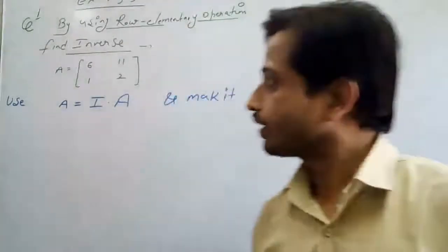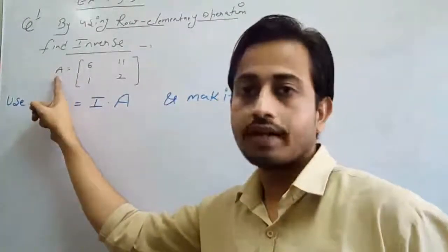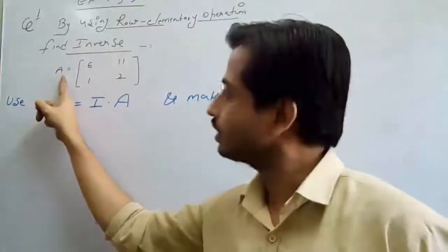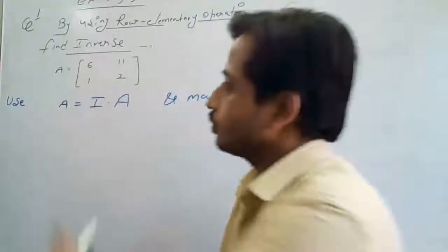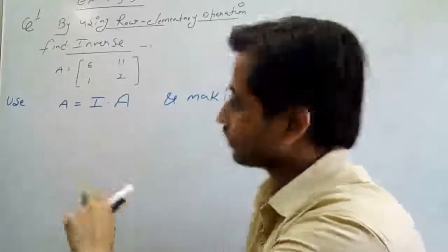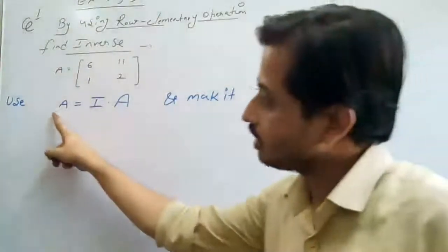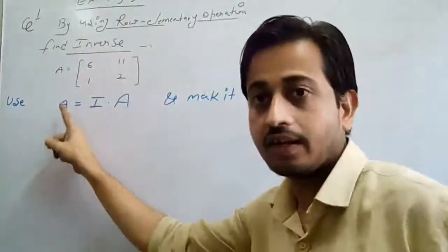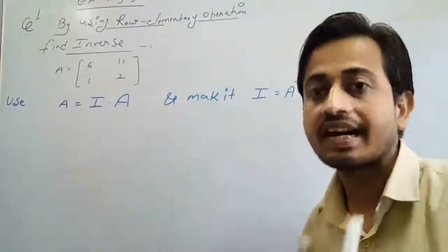So now I am going to take our first question. Find the inverse of this matrix A, which is 6, 11, 1 and 2. Now we have to use this result, A is equal to I into A. And what we have to do is make it in this form. It means we have to change this matrix into the identity matrix.